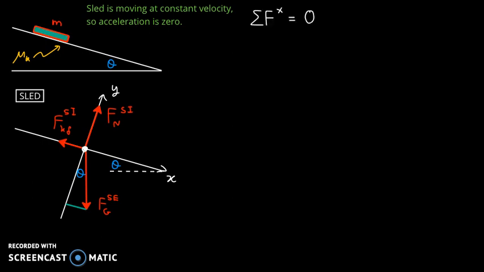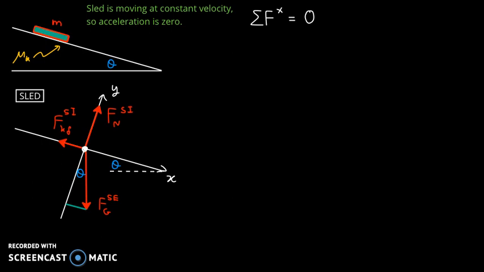We start with stating Newton's first law in the x direction. So that's net force in the x direction equals 0. And in the next step, we are going to expand the left-hand side of our equation based on our free body diagram. Again, we have F sub g that will go into this equation, and F sub kf, kinetic friction, that will go into this equation.